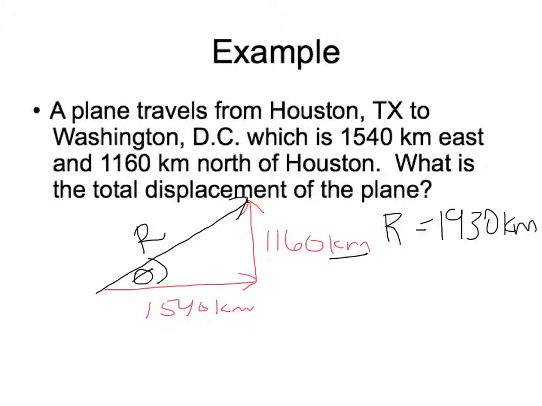Notice the kilometers. And then if I go tangent of theta is equal to 1,160 over 1,540, if I do the tangent function for that, I should get 37 degrees. And I'm going to indicate it as that many degrees north of east.